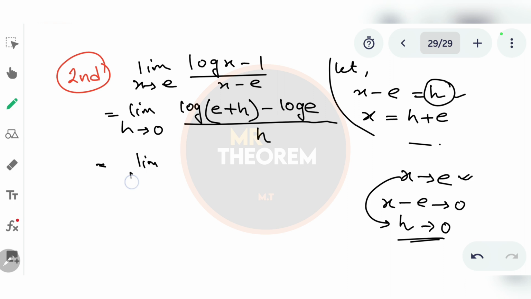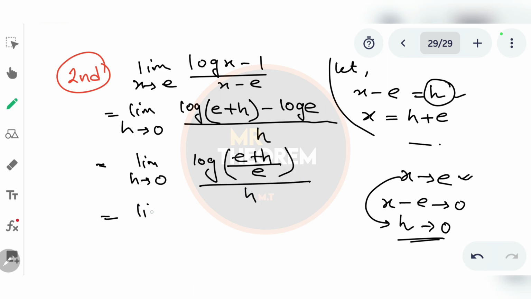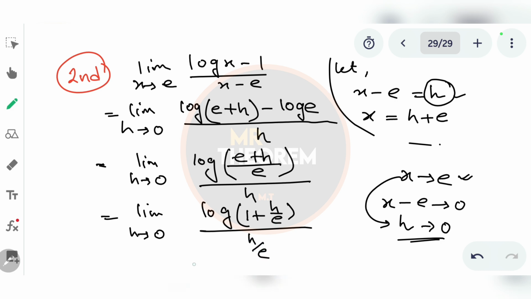So here limit h tends to 0, logarithm of e plus h divided by e, that is the subtraction formula in logarithm. Now it is limit h tends to 0, log of e into 1 plus h by e, divided by h, which can be written as h by e into e.